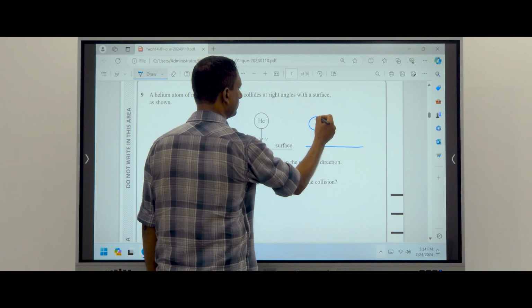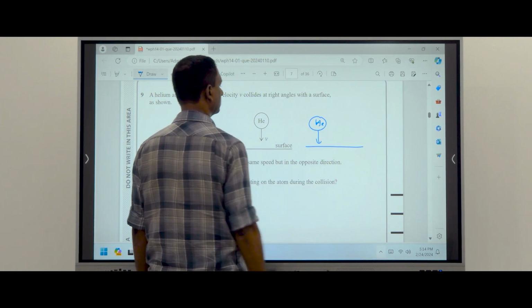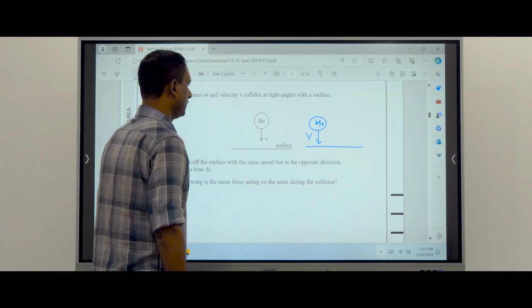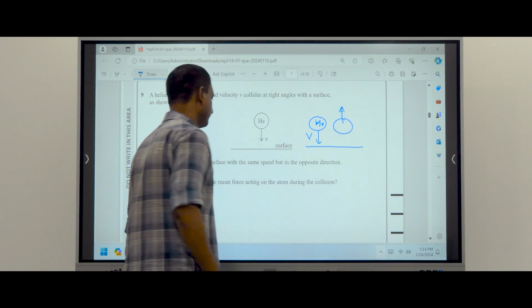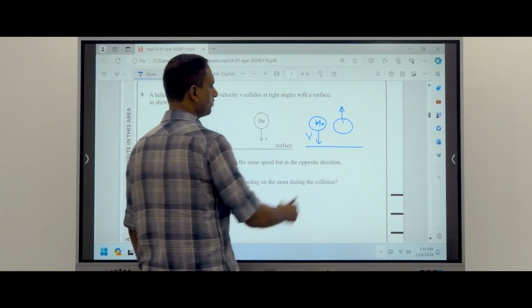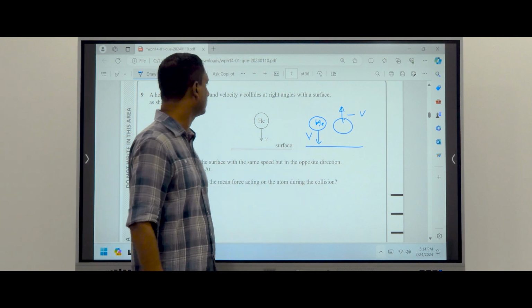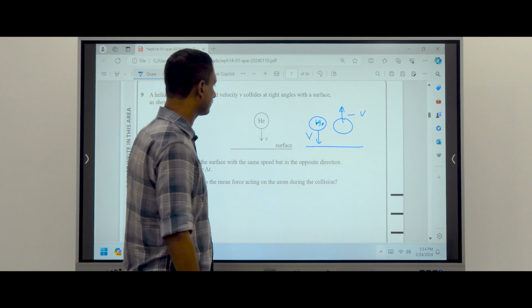The helium atom is coming towards the surface with a velocity v, and the helium atom goes away with the same speed but in the opposite direction. Then we have to write it as minus v, because the downward one is considered as positive, so the upward one should be considered as negative.